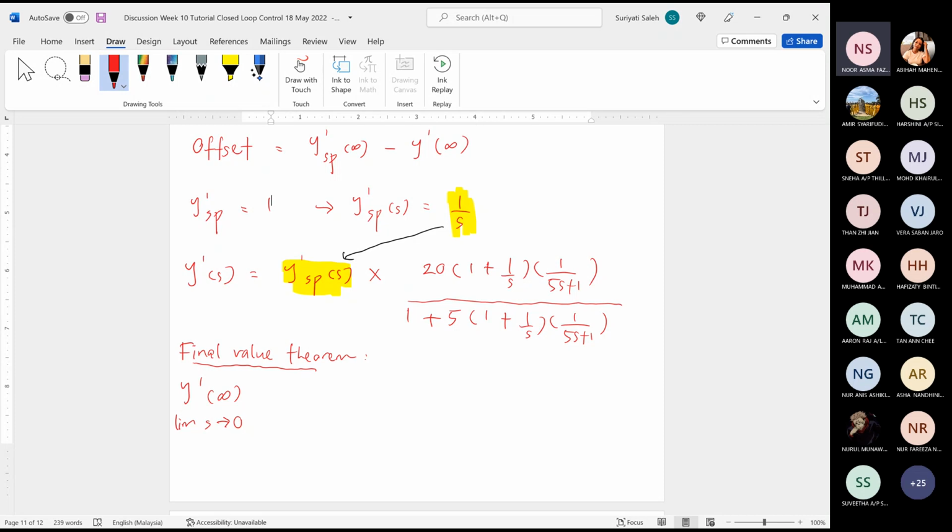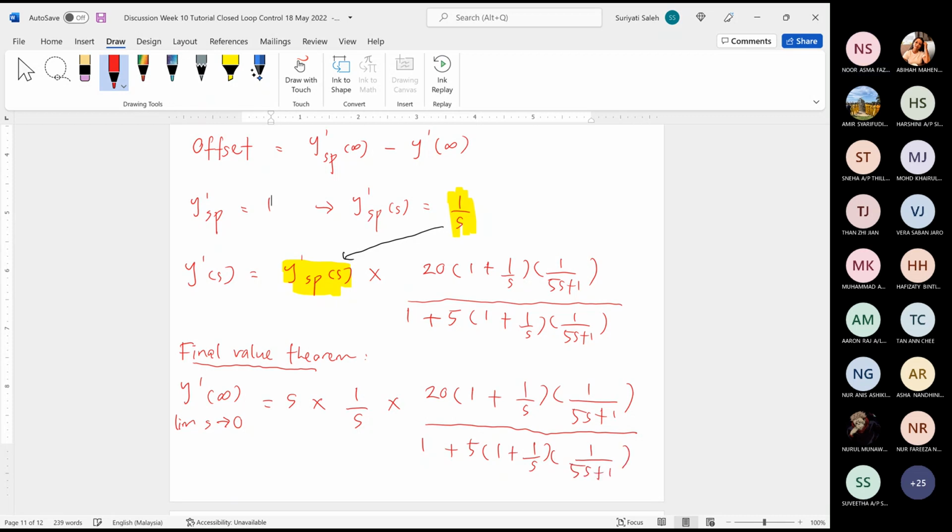Based on this, the formula is S multiplied with 1 over S multiplied with 20, 1 plus 1 over S, 1 over 5S plus 1, divided by 1 plus 5, 1 plus 1 over S, 1 over 5S plus 1.